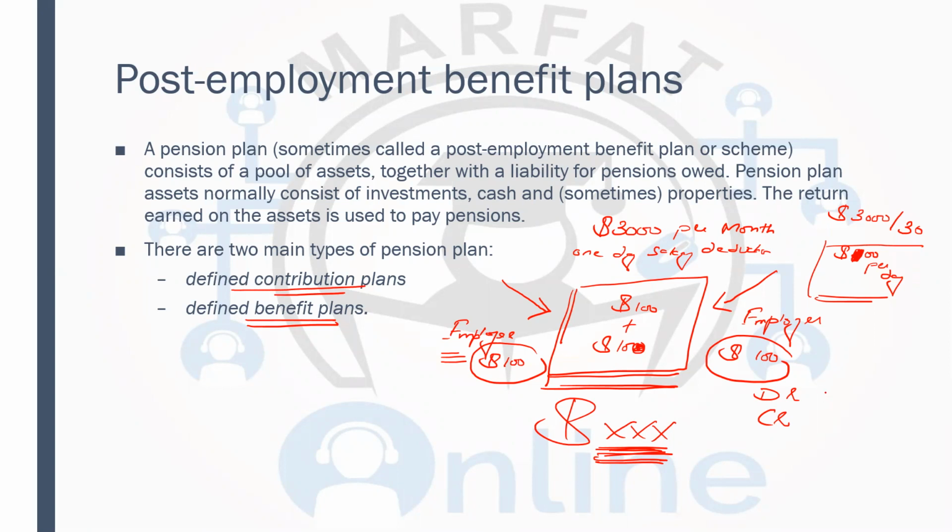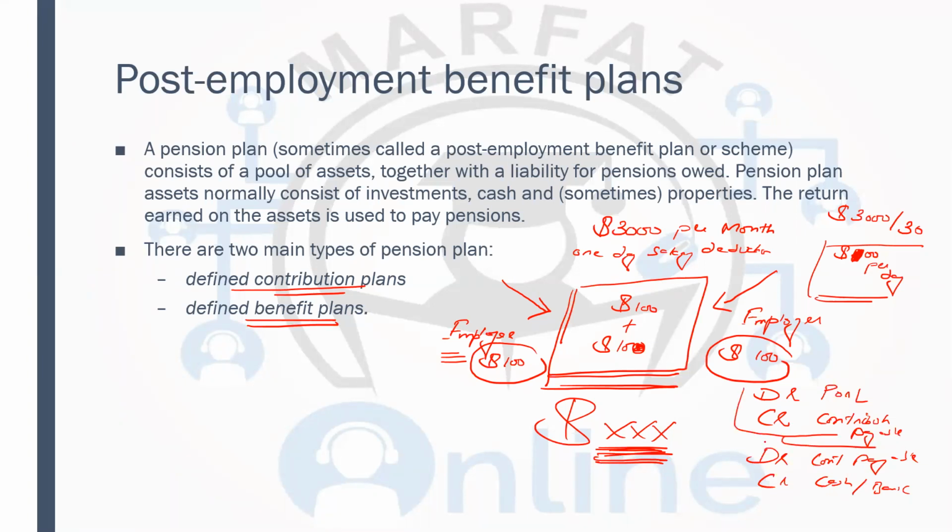So we are going to record debit profit or loss as an expense and credit contribution payable. And once this contribution has been paid, the contribution payable will be debited and cash or bank credited.